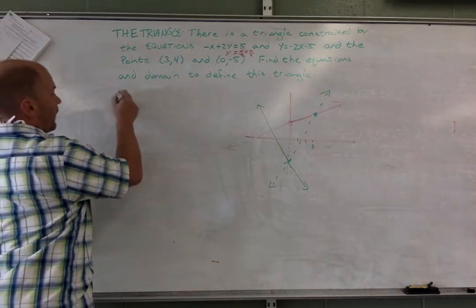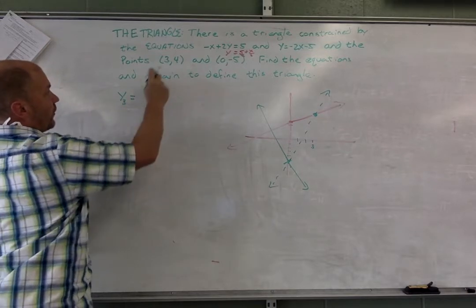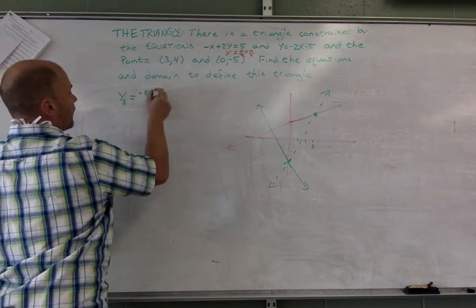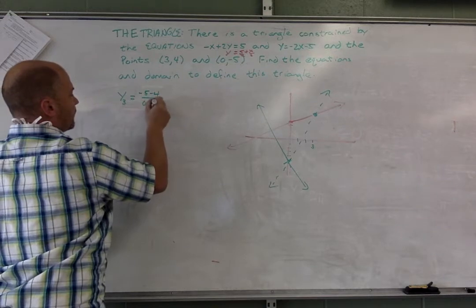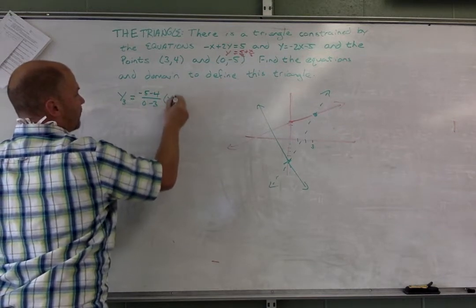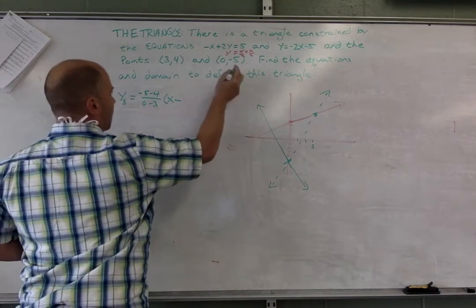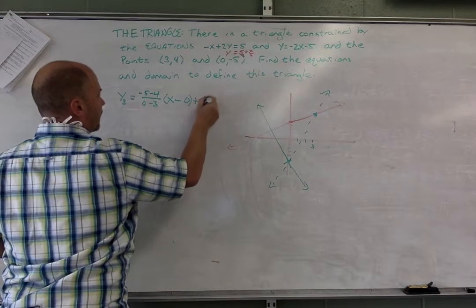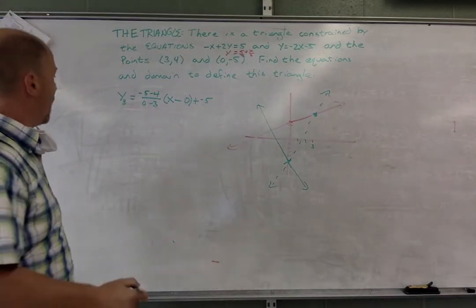So the last equation, I'm going to call it y3, is y equals (negative 5 minus 4) over (0 minus 3) times (x minus 0), plus negative 5, using this as my x1 and y1. That's the equation of my final line.